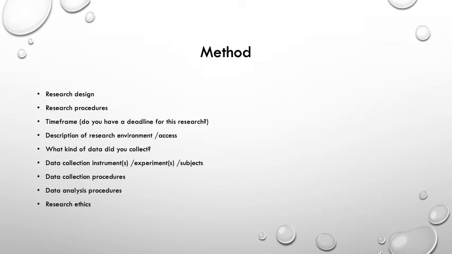You could include the research design, research procedures, time frame, and description of the research environment, access, what kind of data did you collect, what kind of instruments, experiments, subjects, and whether or not you have particular collection procedures, and whether or not you have had any analysis procedures, and how you have followed and made sure that the research ethics were covered.